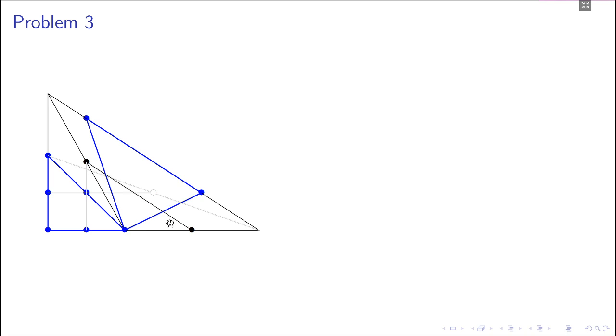So this line will hit it at the midpoint of these two segments. So we found the midpoint of this, we found the midpoint of this. And now I again use the centroid trick in this triangle, and I find the midpoint of the segment that I need.